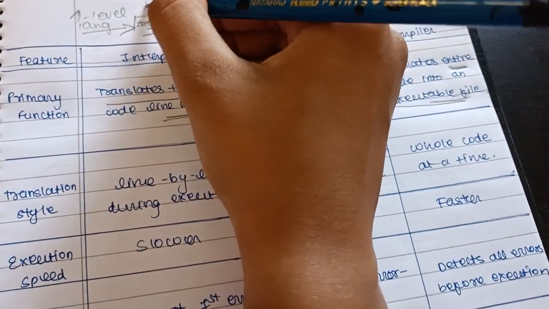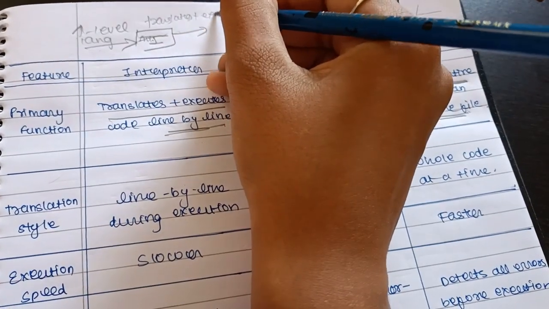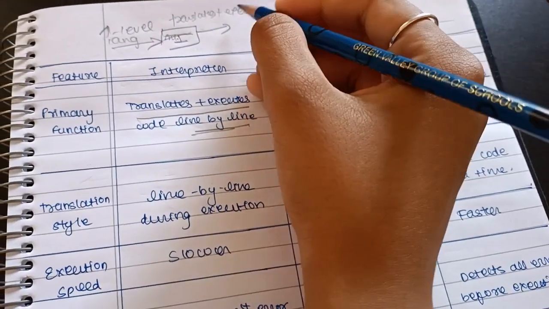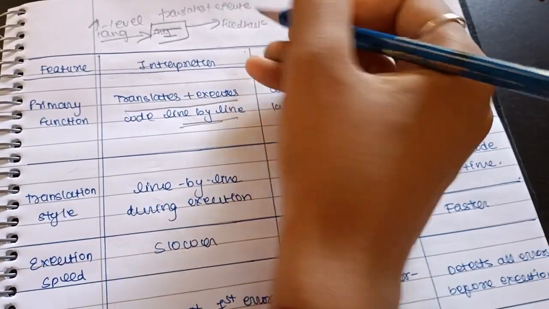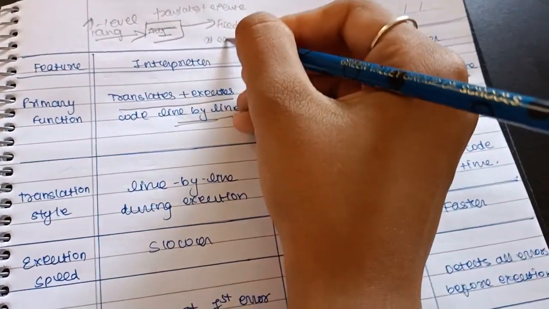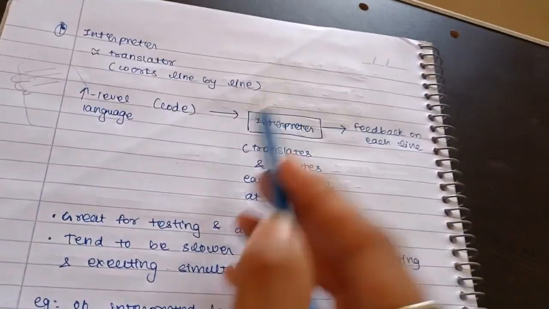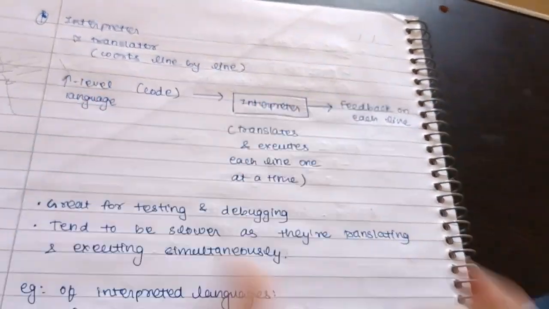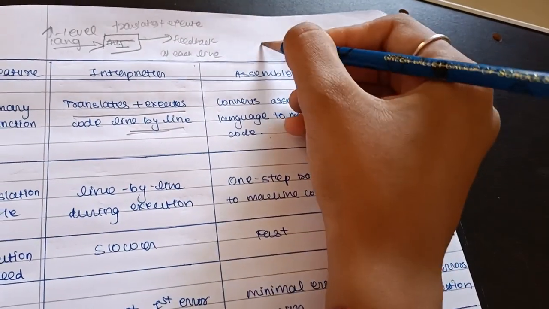You can just write here translates plus executes, and it gives you feedback at each line. You can draw it like that, feedback at each line, as I have already drawn here. You can draw a similar thing, but in a concise manner. And the same way for the assembler.